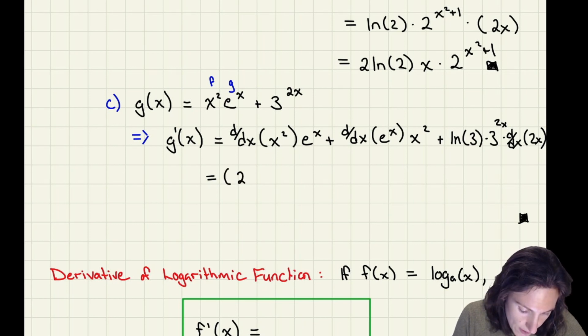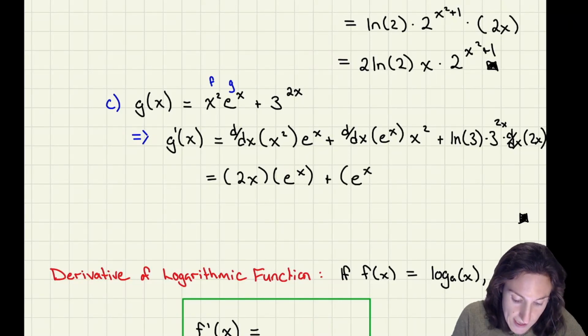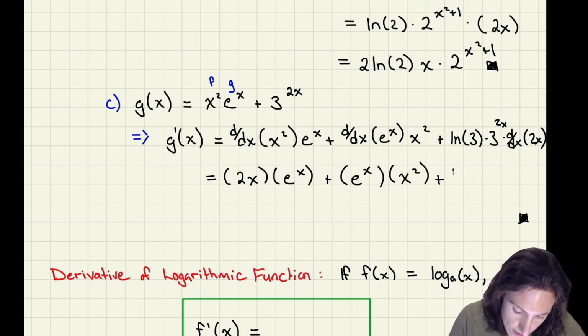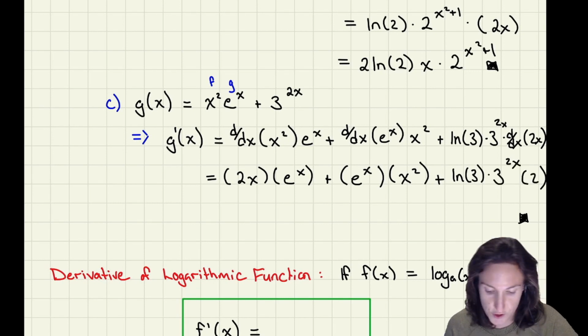So the derivative of x squared by power rule is 2x. This is times e to the x. The derivative of e to the x is just e to the x times 1. So we can just write it as e to the x. And then we have plus ln 3 to the power of 2x. And the derivative of 2x is just 2.